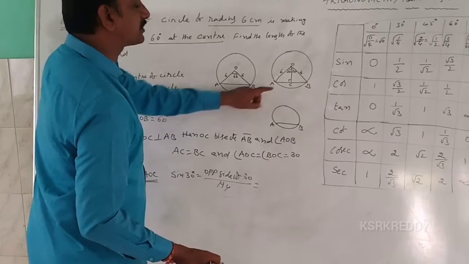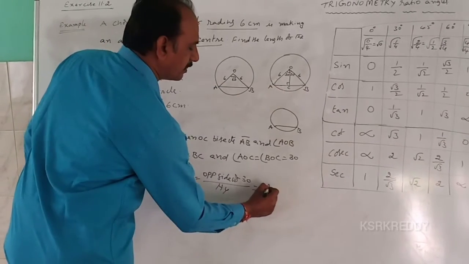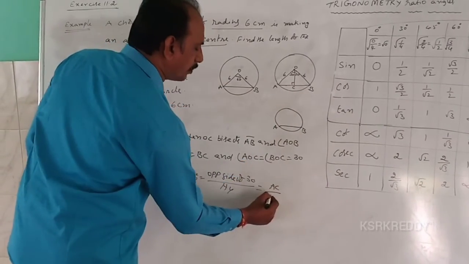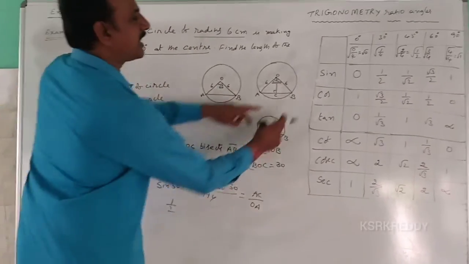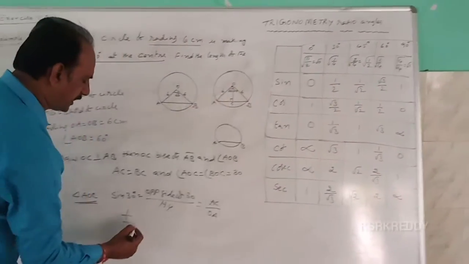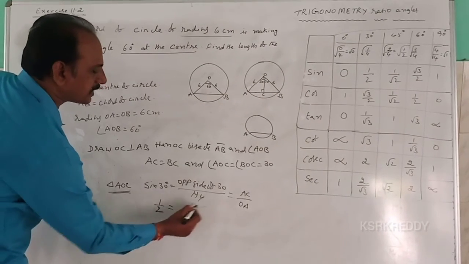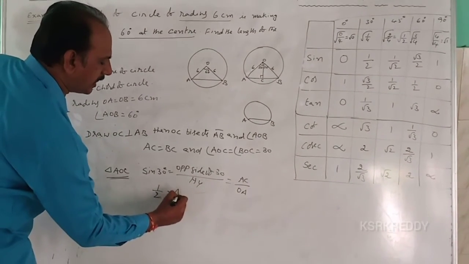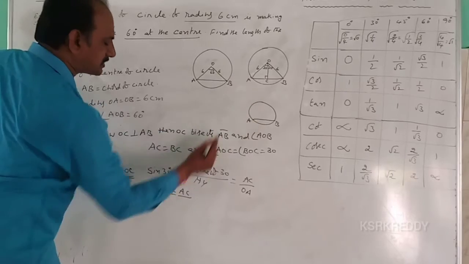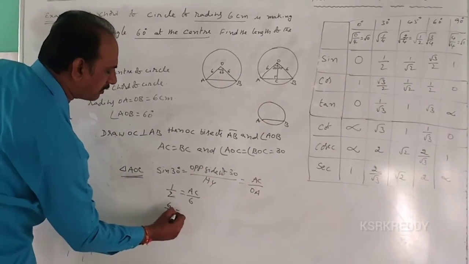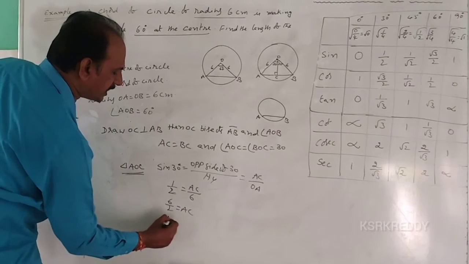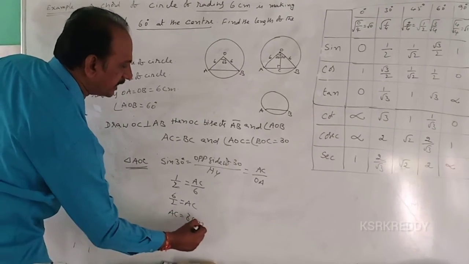The opposite side of 30 is AC, the hypotenuse is OA. Sin 30 degrees is equal to 1 by 2. So 1 by 2 equals AC by OA, which is 6. Then 6 by 2 equal to AC. Therefore AC equal to 3 centimeters.